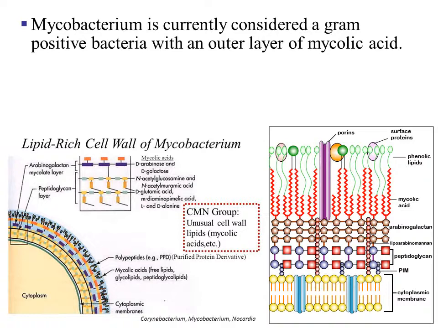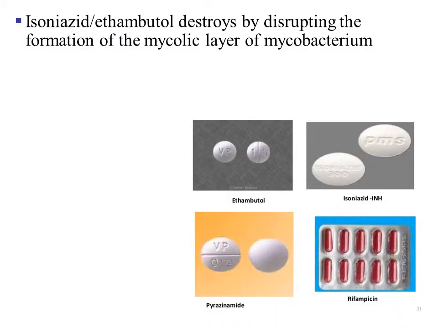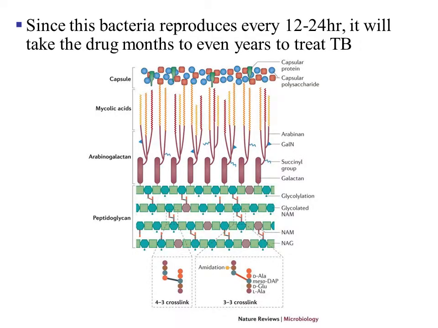This outer coat is made of mycolic acid. So these two drugs, isoniazid and ethambutol, will both destroy this mycobacterium by disrupting the formation of the mycolic acid layer. Since this bacteria reproduces every 12 to 24 hours, it will take the drug months to even years to treat.